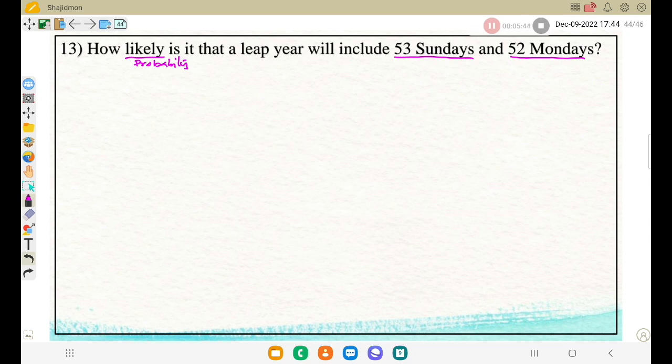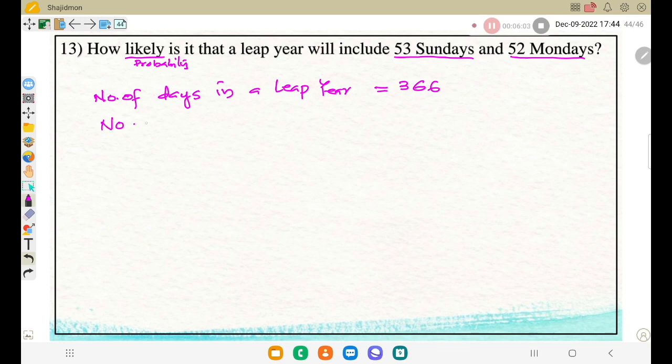So same idea as whatever we did in the previous question. First I can write the number of days in a leap year, correct? Number of days in a leap year equal to 366.